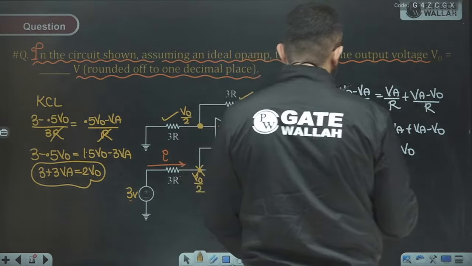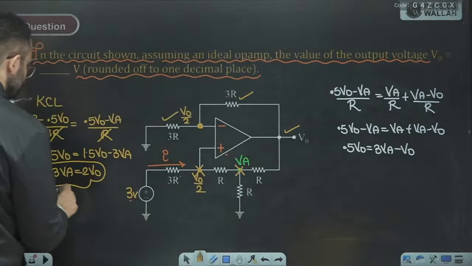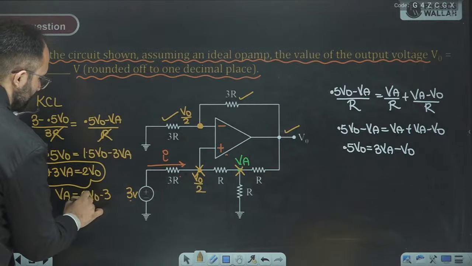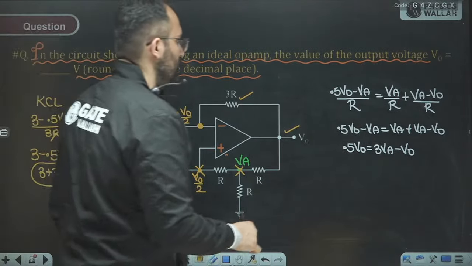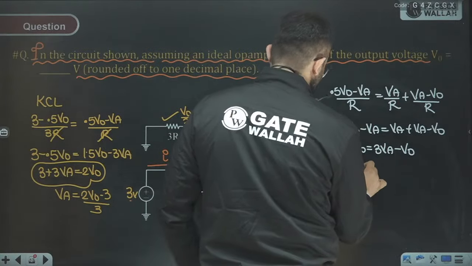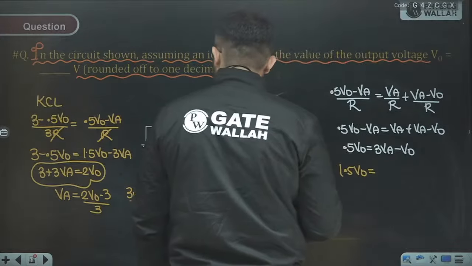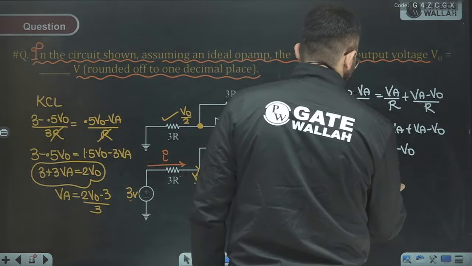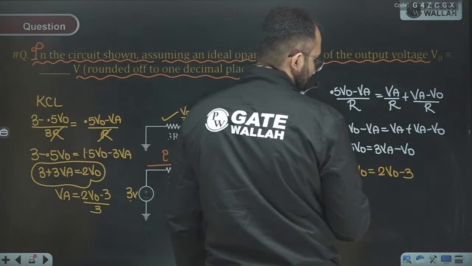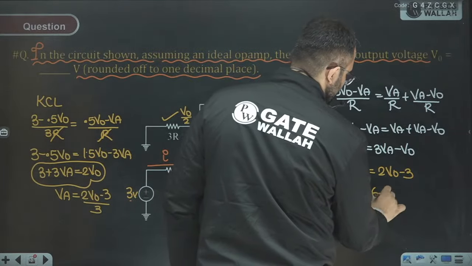So we can simply put VA in terms of VO from there. VA is equal to 2 VO minus 3 upon 3, that is 0.5 VO, 1.5 VO, so VA is equal to 2 VO minus 3. Please check all of you. So we can see the output is 6.